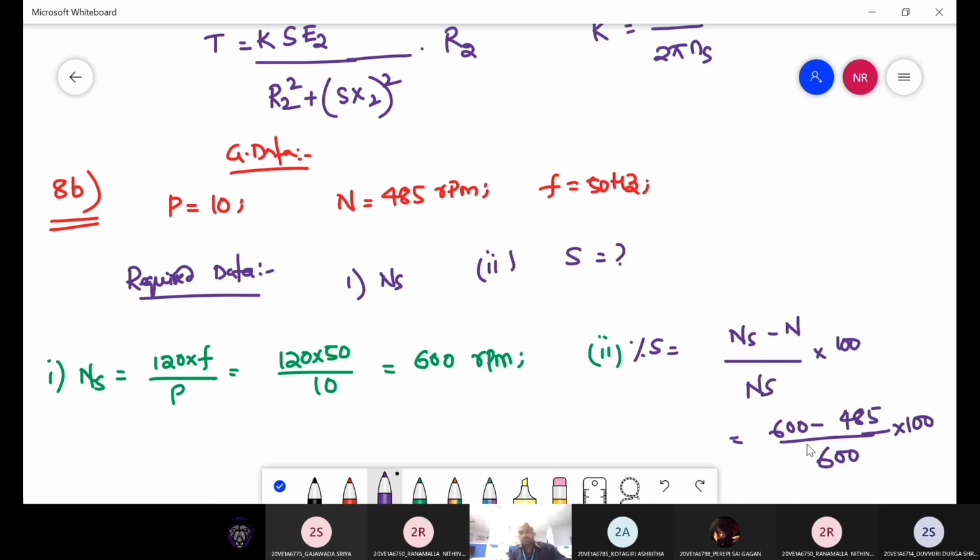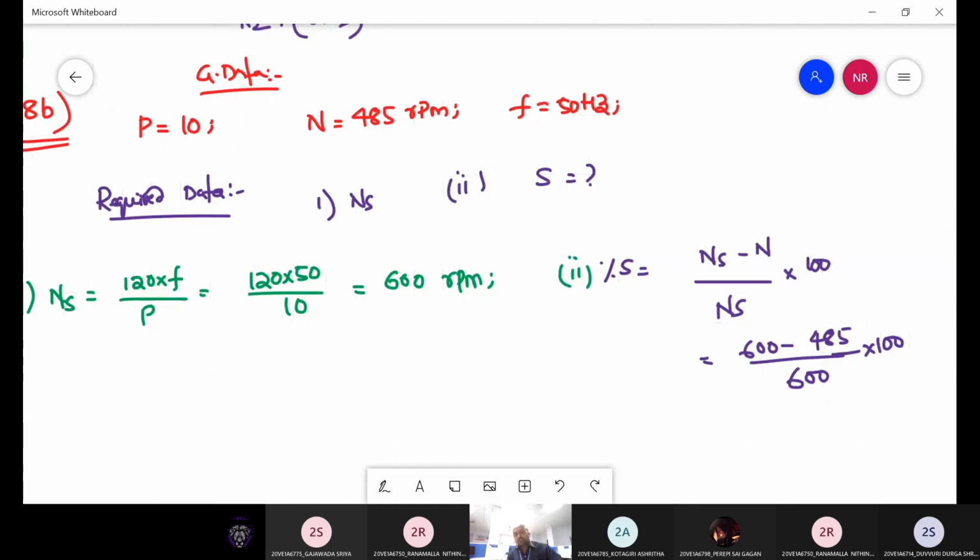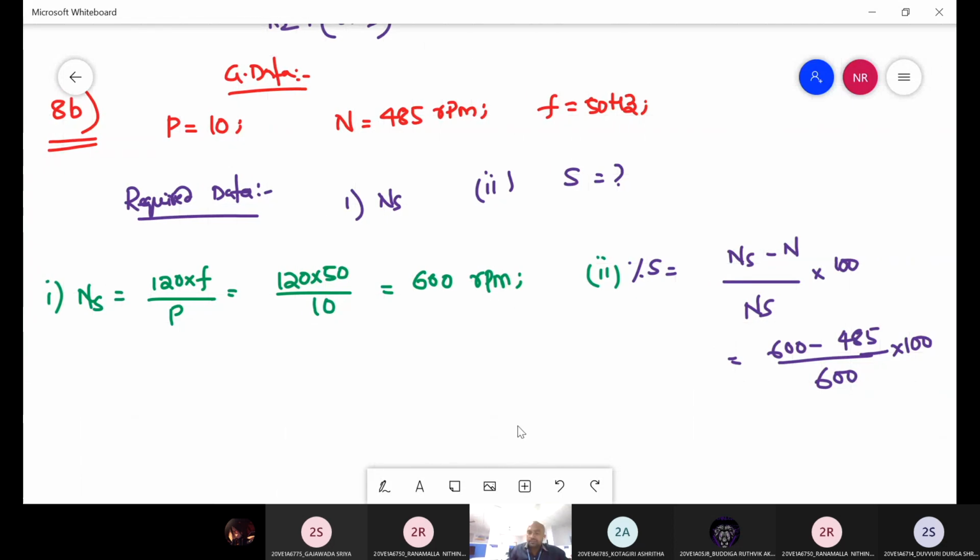Calculate it. 0.1916, multiply with 100, that is 19.16. Simple problem.